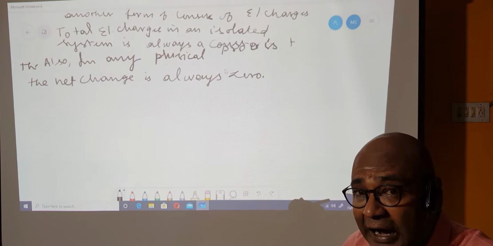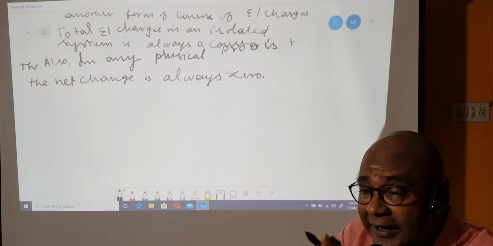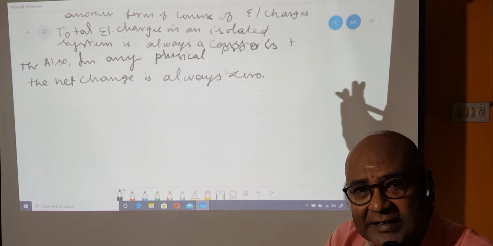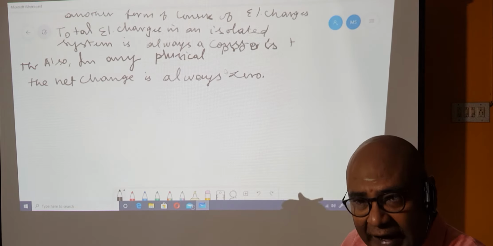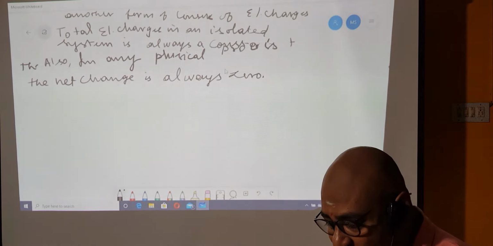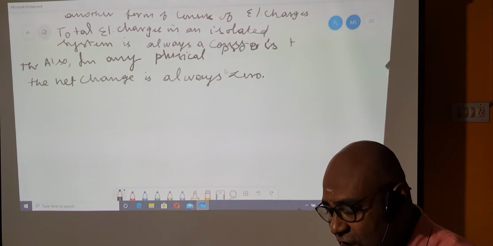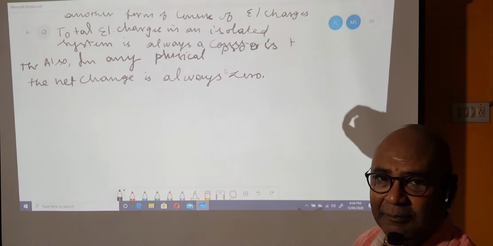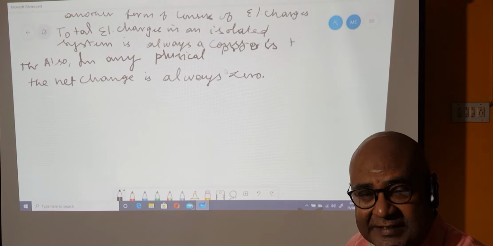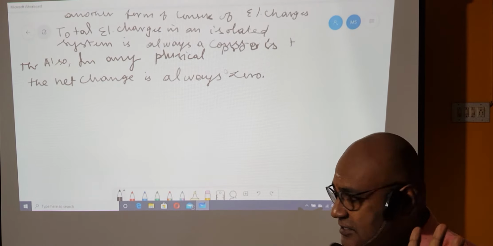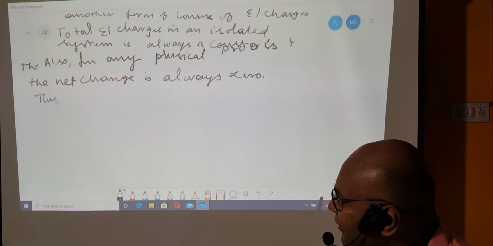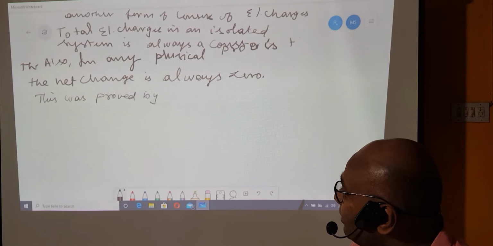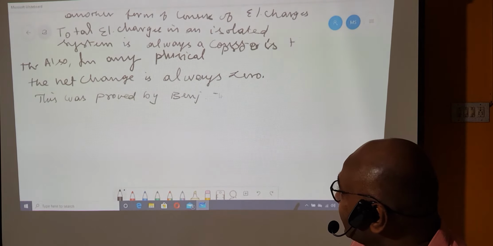I have already told that the number of charges in both the materials, the rod as well as the cloth, is the same. So according to Benjamin Franklin also, the transfer of electrical charges takes place from one substance to another while rubbing. The two substances have equal amounts of charge. This was proved by Benjamin Franklin.